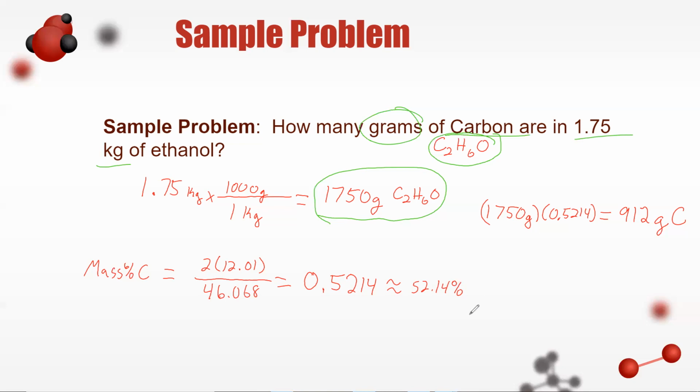So that allows us to multiply that decimal number by how many grams of the entire compound we have to get how many grams are represented by only carbon. Because remember, if carbon is 52.14% of that molecule, it should also be 52.14% of any amount of that molecule. Okay. So again, if you're confused, please seek me out.